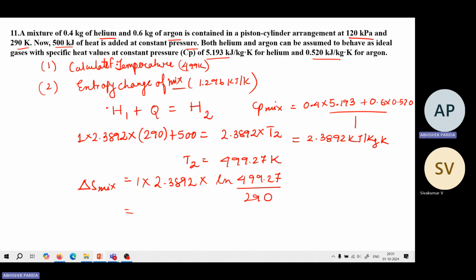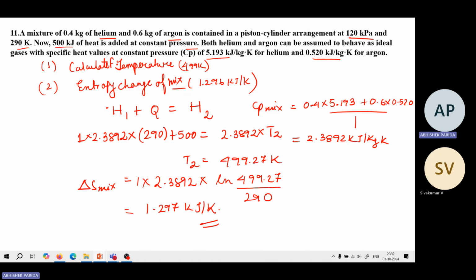You get 1.297 kilojoule per Kelvin. Okay. I hope such questions, if they come again, you can solve.